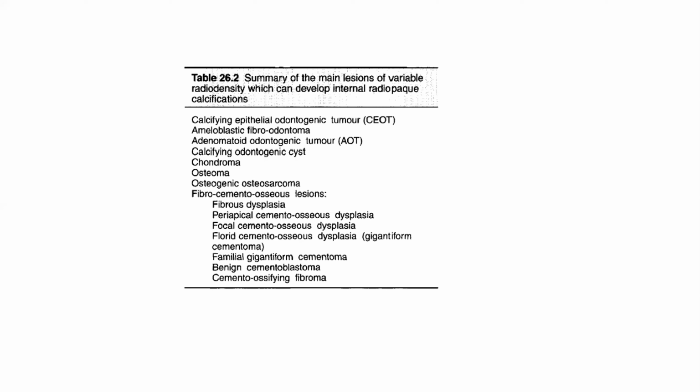Personally, the way that I think about it is this: whenever you have an aggressive lesion, the periosteum grows so fast and the bone grows so fast that it finds it very difficult to lay down a new periosteum layer.